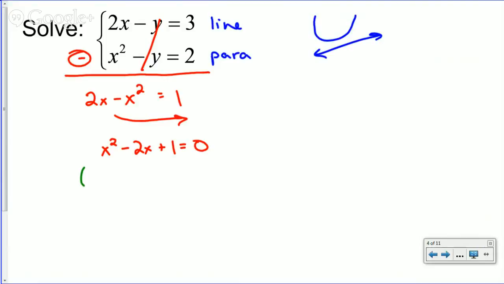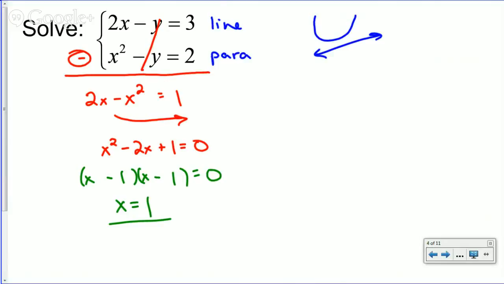And then we'll factor. So any factors of 1 that add to 2, which are 1 and 1. Signs are the same, they're both negative. Okay, so this tells me that x equals 1 with multiplicity of 2, but we're not worried about the multiplicity in this case.